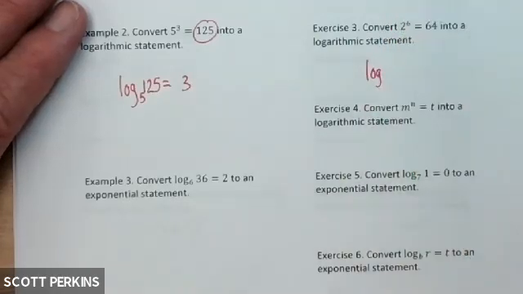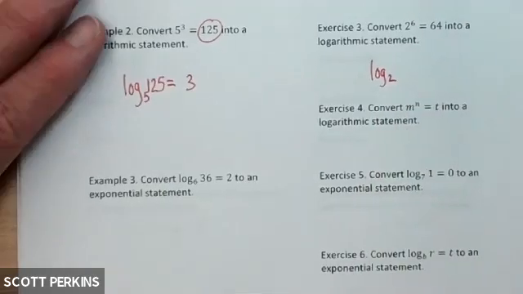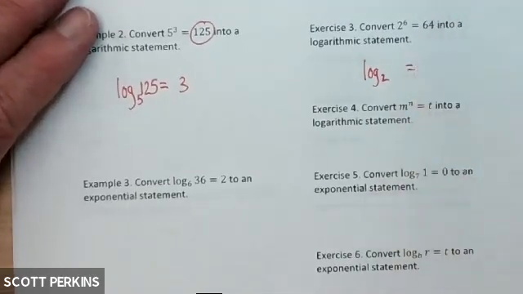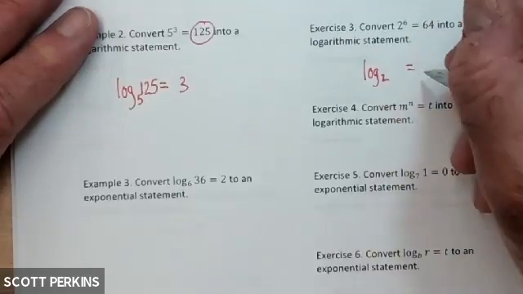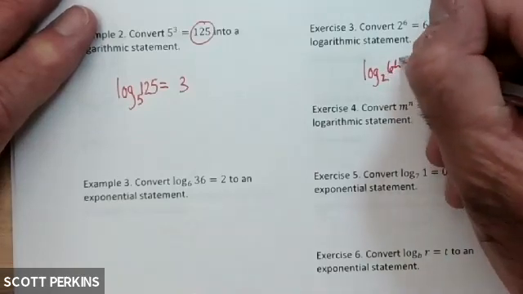What's the base? 2, so subscript here, just a small 2. What am I taking the logarithm of? 64, yes, and the way I keep that straight in my head is I remember the logarithm is always equal to the power, so my power over here is 6, so that means what I'm taking the logarithm of has to be 64.